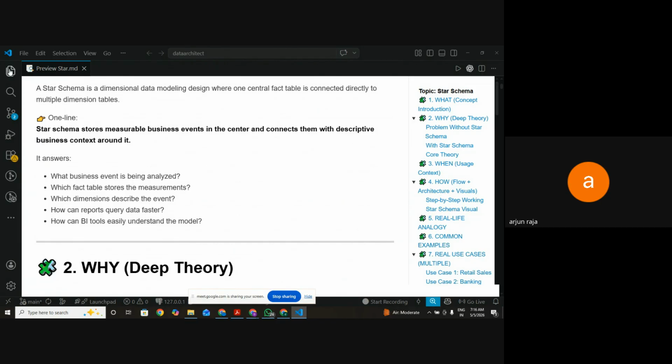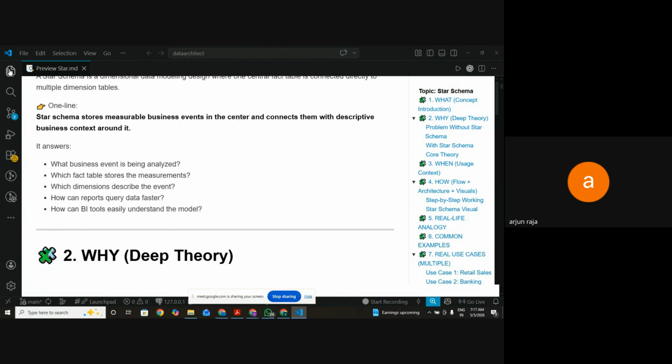A star schema is a dimensional data modeling design where one central fact table is connected directly to multiple dimension tables. Star schema stores measurable business events in one center and connects them with descriptive business context around it.